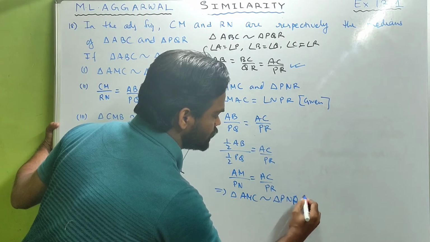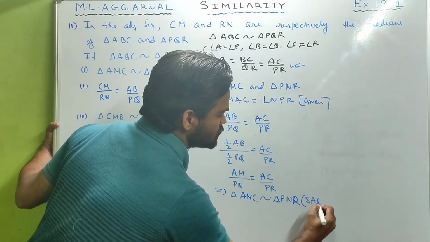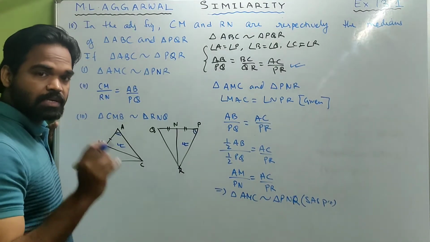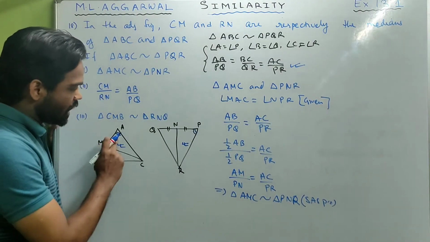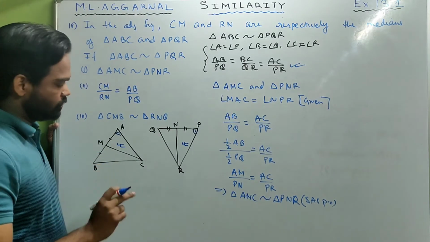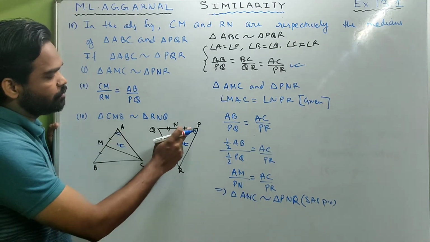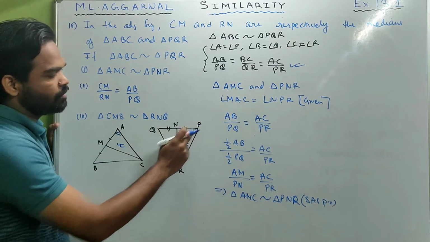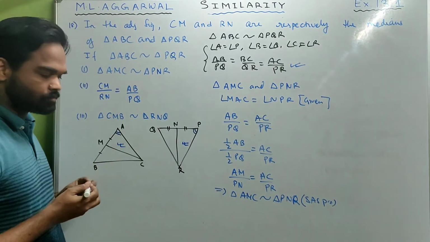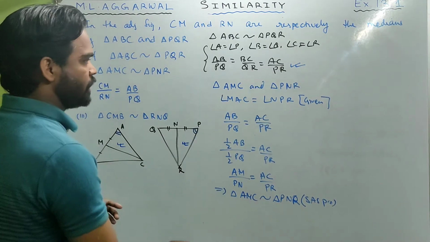The reason is side angle side property. The sides containing that angle are proportional to each other, which means AM by PN is equal to AC by PR. Then we can say that these two triangles are similar. Very easy. First part done.